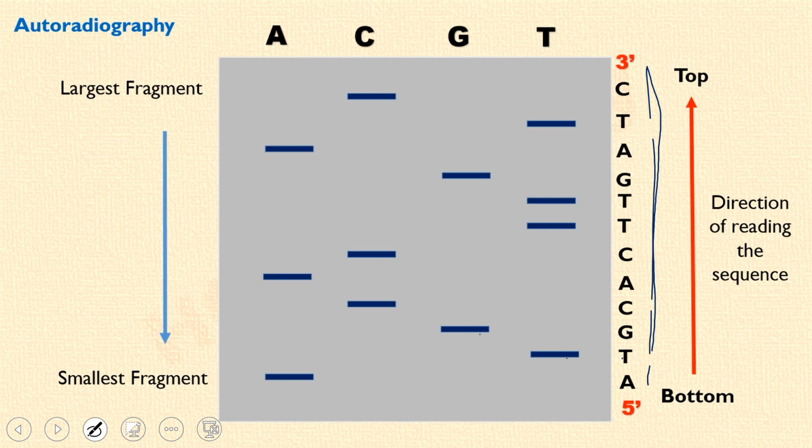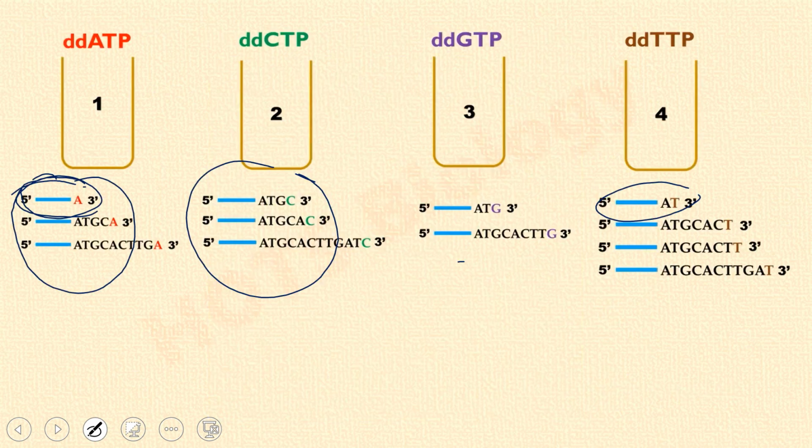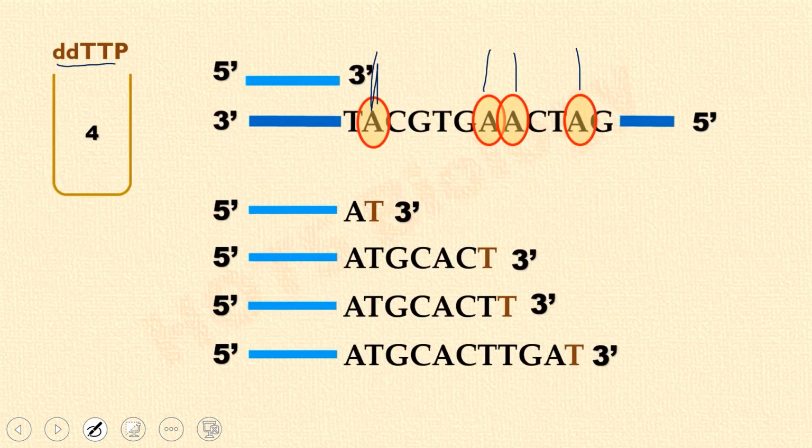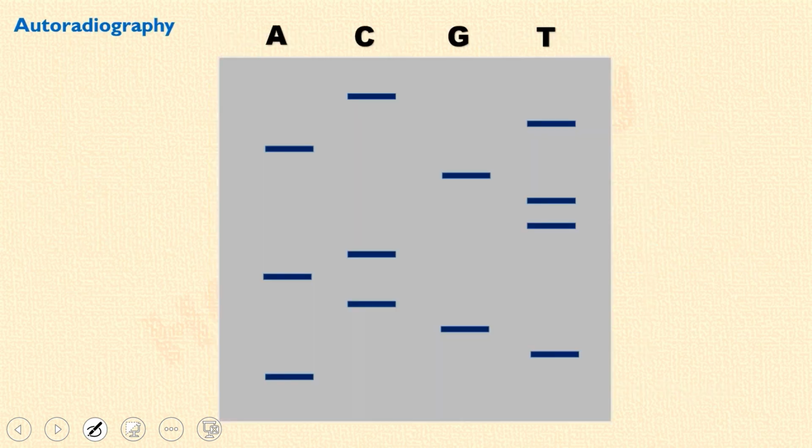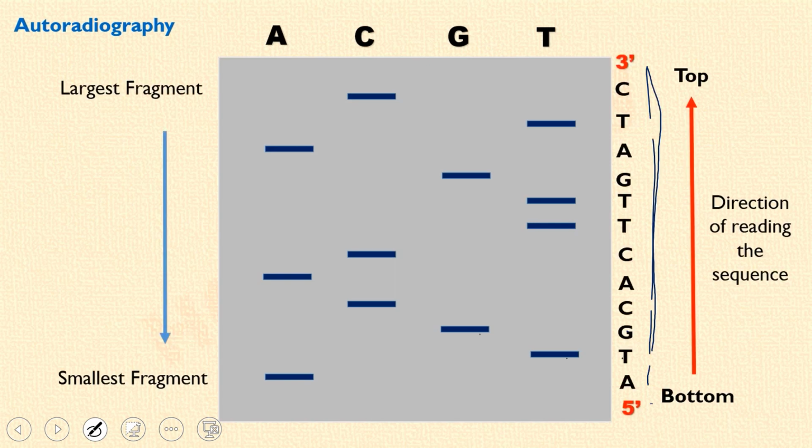The first nucleotide is adenine, which is at the 5' end. You can see here, this is 5', so here we are having adenine. So this is 5' and 3'. That fragment you can see here. So this is 5' adenine, thymine, like this one.